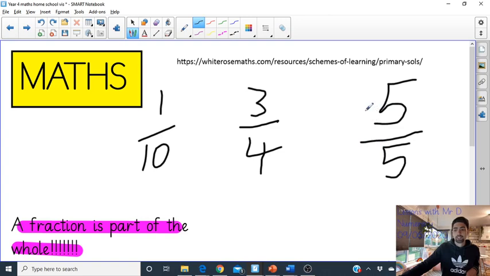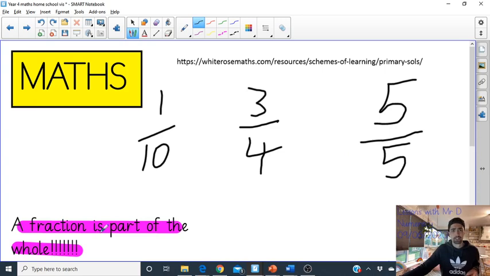When the numerator and the denominator are equal, we have a whole again. I had a whole, I split it into 5 equal parts. I have 5 of those parts and must have all of my parts back together again. That is a whole. When the numerator and the denominator are the same, that is a whole. A fraction is just part of the whole.